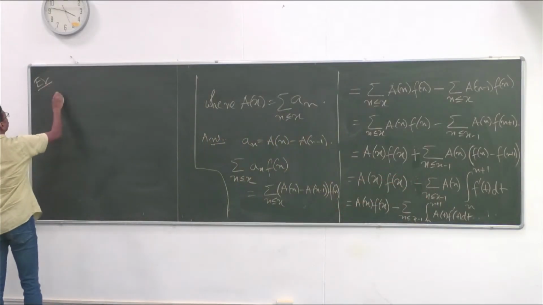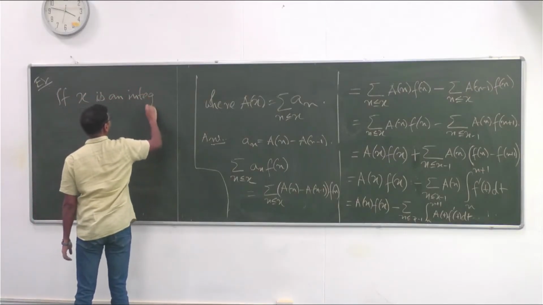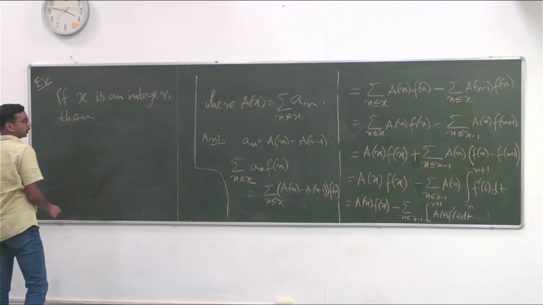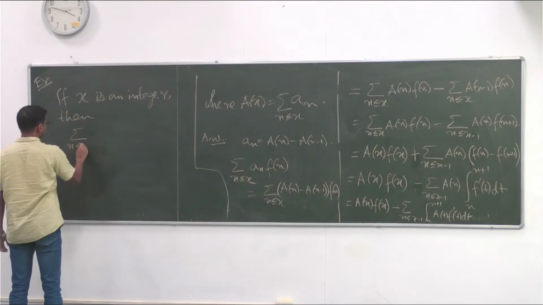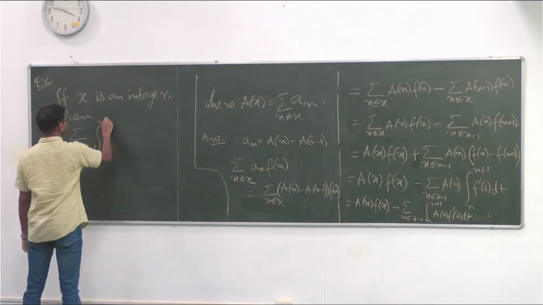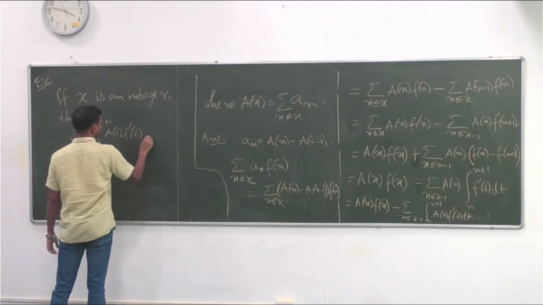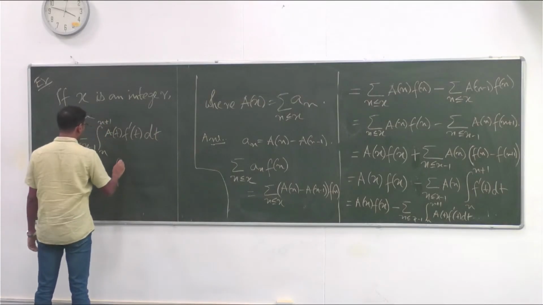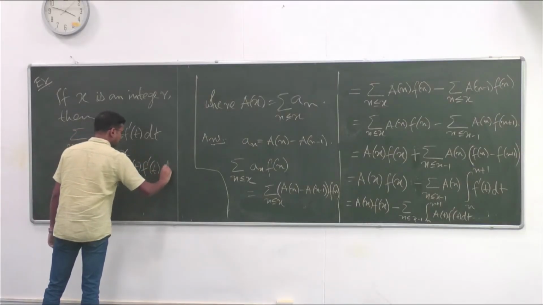So if x is an integer, then the summation over n less than or equal to x minus 1 of the integral from n to n plus 1 of a(t) f'(t) dt is just equal to the integral from 1 to x of a(t) f'(t) dt.